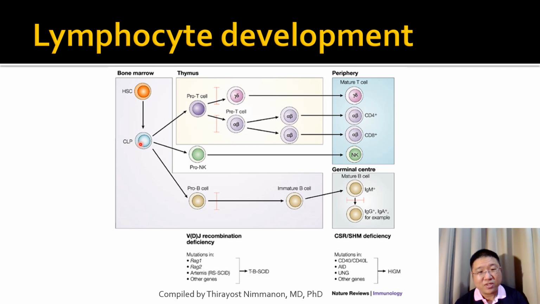And some of these cells will develop into NK cells, which are actively involved in the ADCC process. And it is also the first cell fighting against viral infection. So NK cell is very important in different types of infections and also in tumor immunity as well.